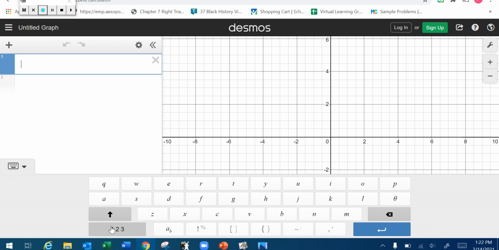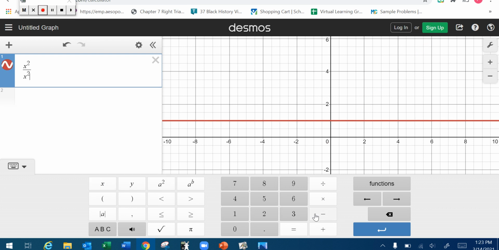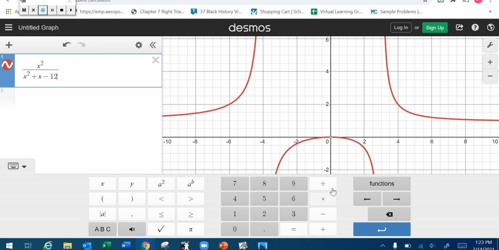I was looking for the fraction key on here, but they don't have one. So I'm going to say x squared divided by, and then x squared plus x minus 12. All right.